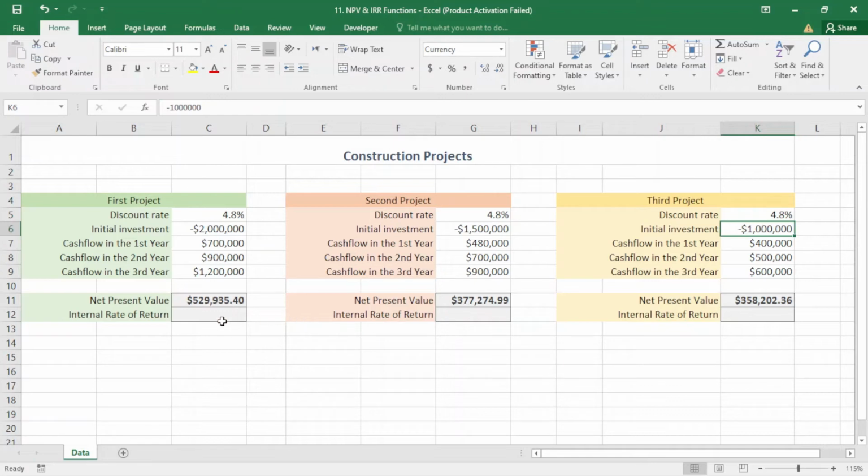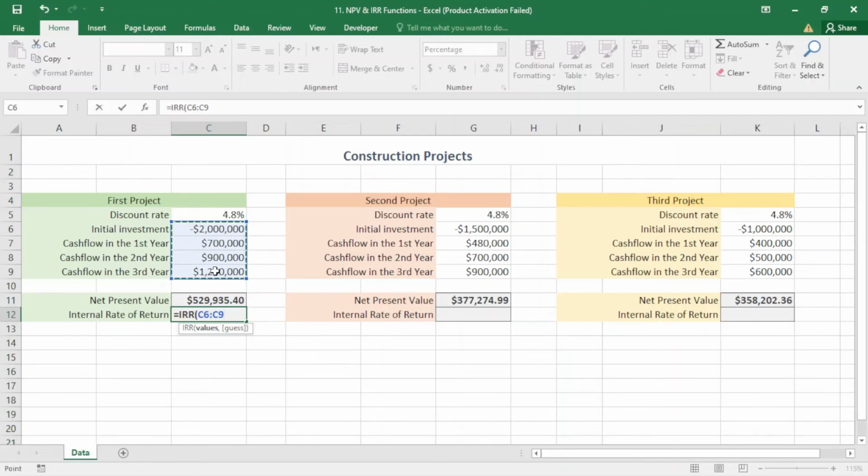So here I have to find the internal rate of return, in order to compare and understand how much we will get. It will return the percentage for us. I just type an equal sign, IRR, and select the entire cash flows and initial investments.